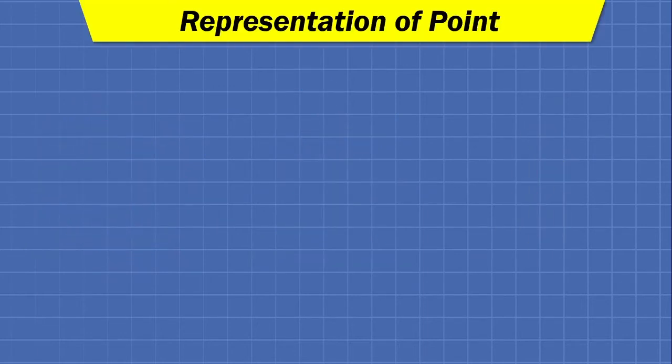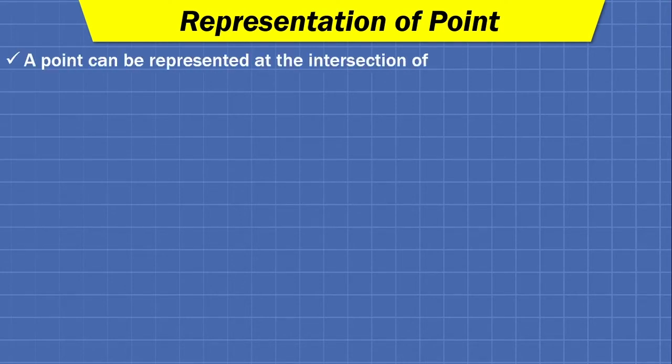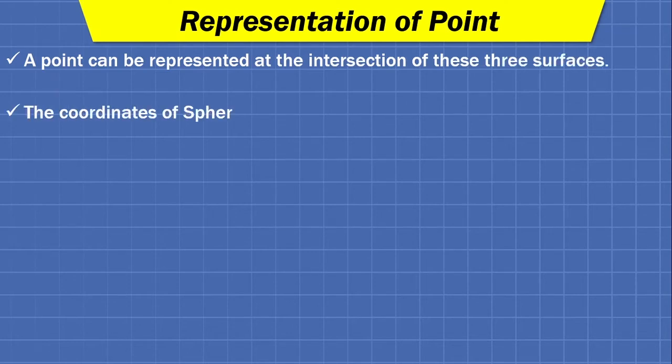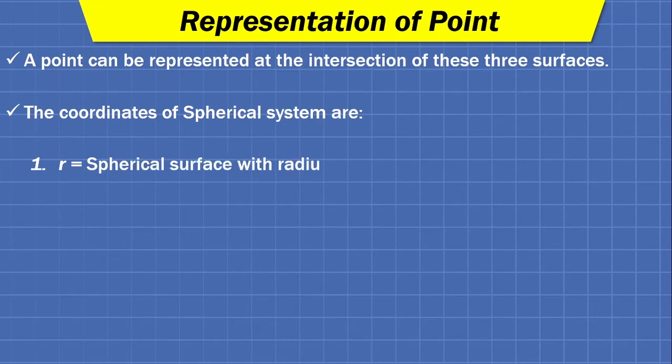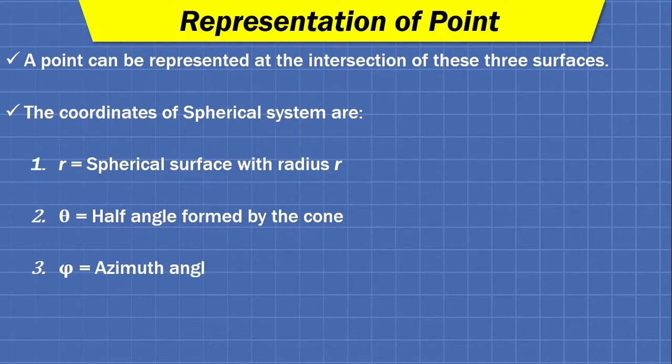Now let us learn how to represent a point in the spherical coordinate system. A point can be represented at the intersection of these three surfaces. The first coordinate is known as r, which is the radius of the sphere. The second coordinate is known as theta, which is the half angle formed by the cone with the z-axis.